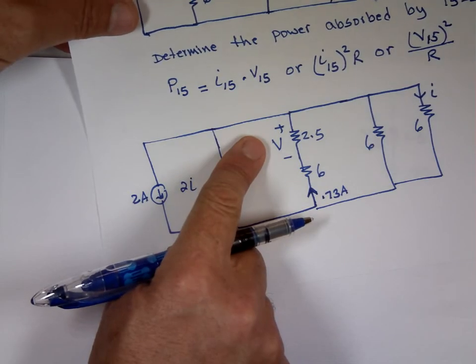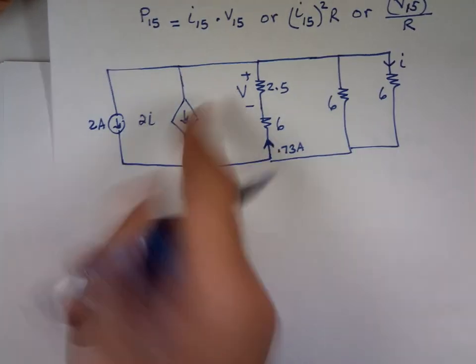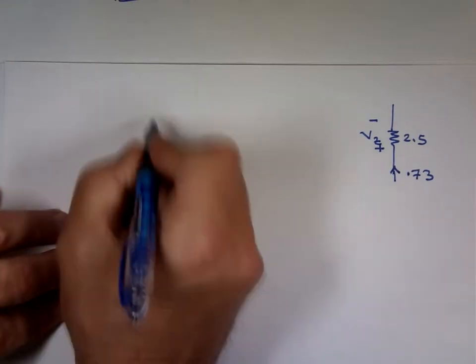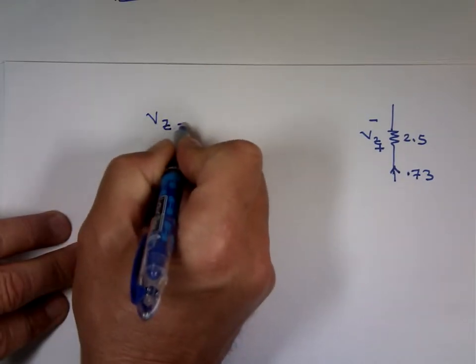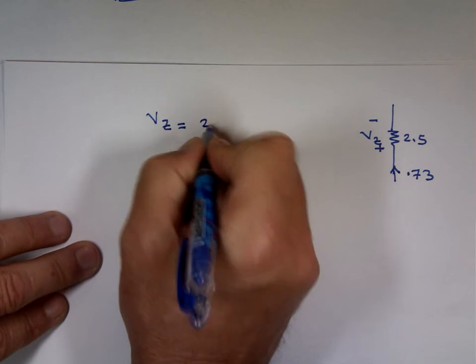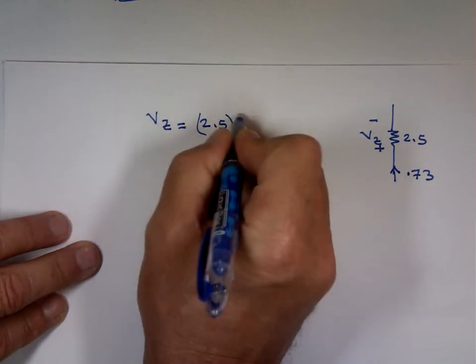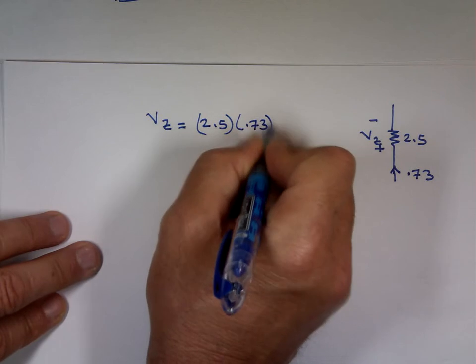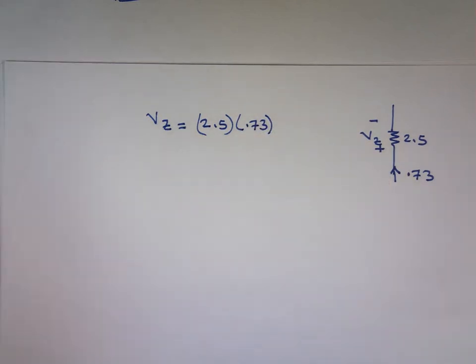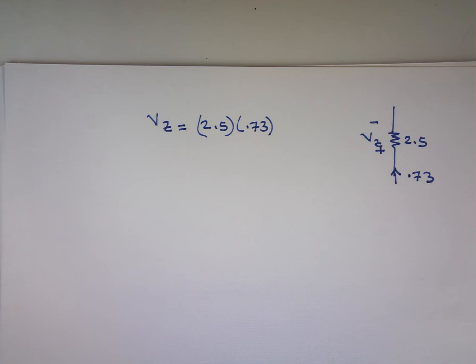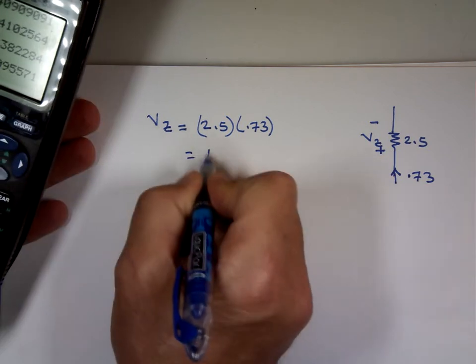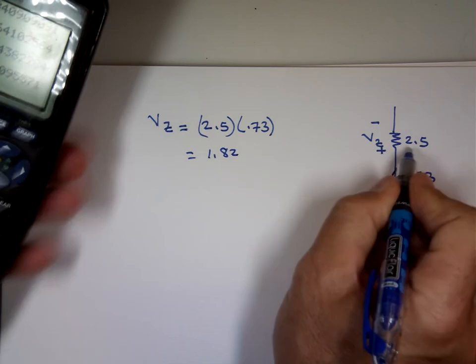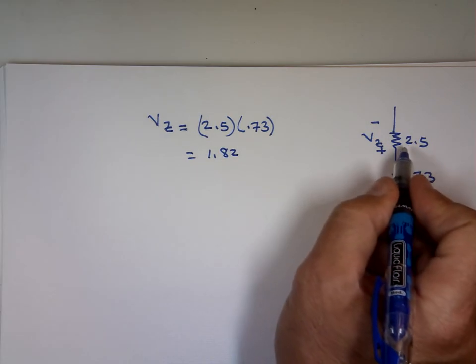Doesn't matter. So VZ is going to be what? Ohm's law: 2.5 times 0.73, roughly 1.82. Where's the 2.5 coming from? It's the resistor, was that 2.5? Yeah. Okay, 6 and 2.5 in series.